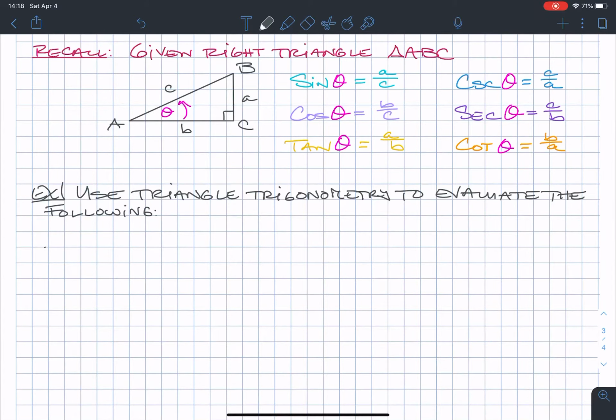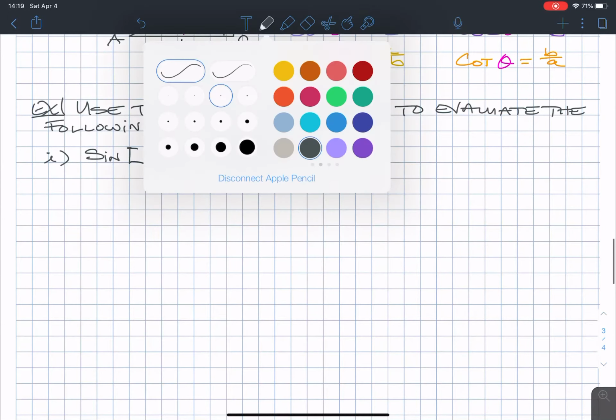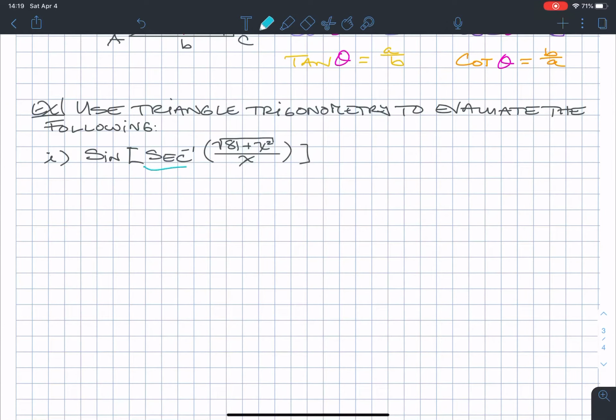Okay, so number one, we have sine of secant inverse of, and here's where we'll need our triangle, the square root of 81 plus x squared, all divided by x. Okay, so how do we deal with this? We always let theta be the inverse function.